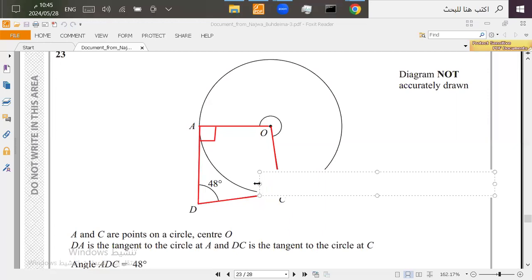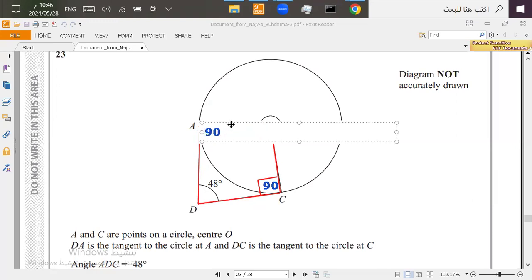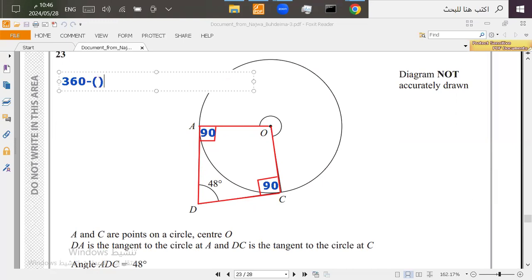So you write 90. Let's make it smaller here. So the angle is always 90. 90, 90. Now we know three angles of the quadrilateral shape. Now we can complete the shape to 360 because the sum of angles is 360. So we're going to say 360 minus these angles, 90 plus 90 plus 48.